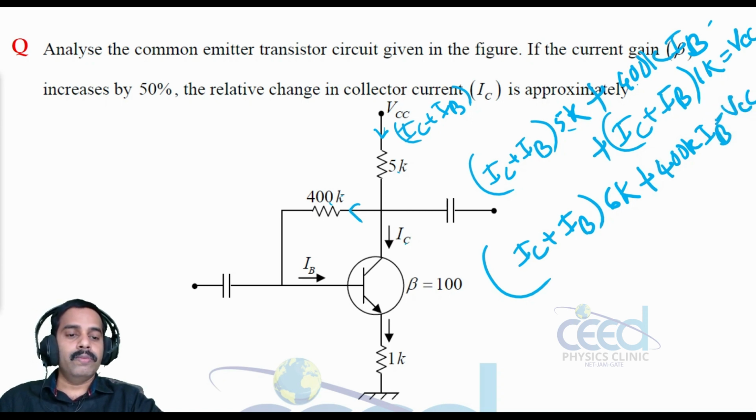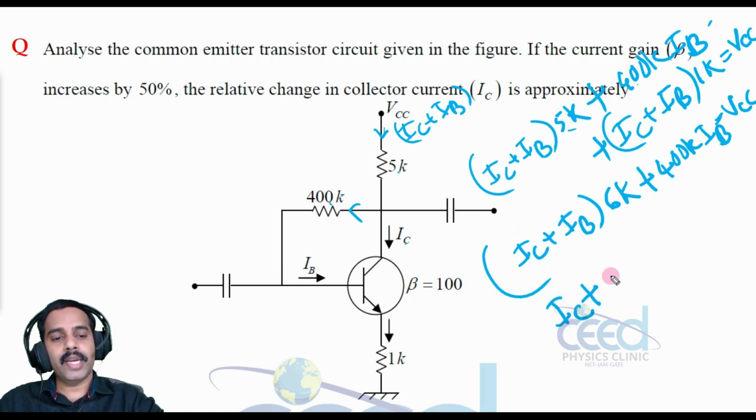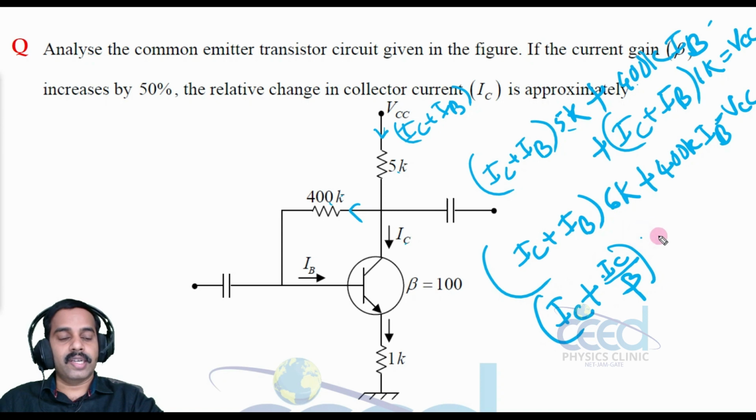Now we already know IC is equal to beta IB, so we need to find IC. So IC plus this IB, I can write as IC plus IC by beta, that is IB, into 6K. And here also I can write the same, 400K into IC divided by beta, is equal to VCC.